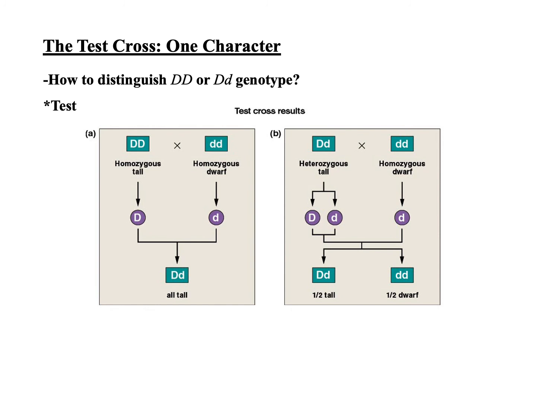So the outcomes are different depending upon the genotype of the individual in question. So with the test cross, if you're trying to establish the genotype of the individual in question, you would go through the test cross, you would analyze the offspring, and based off of what the offspring were, you could go back and establish what the genotype of the individual in question is or was.